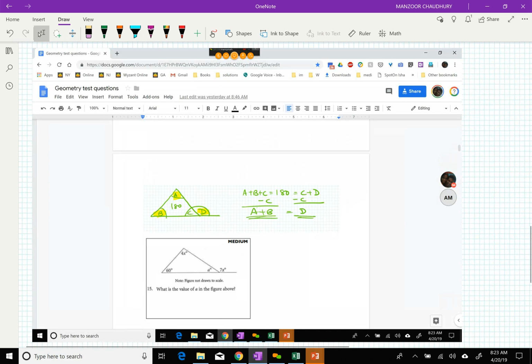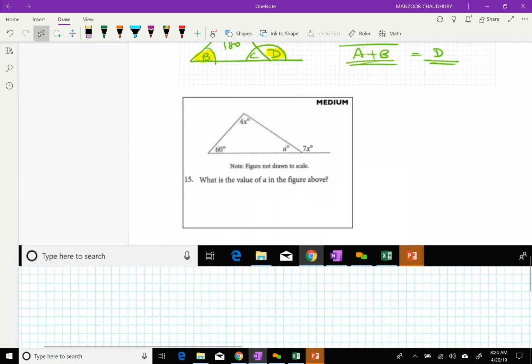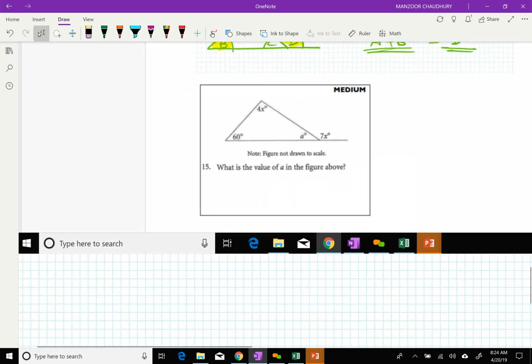Why don't you go ahead and try this question now? This is a basic level exam type question. Try number 15. Okay, so then you do 7x equals 60 degrees plus 4x degrees. And then you do minus 4x on both sides. So 3x degrees equals 60 degrees.